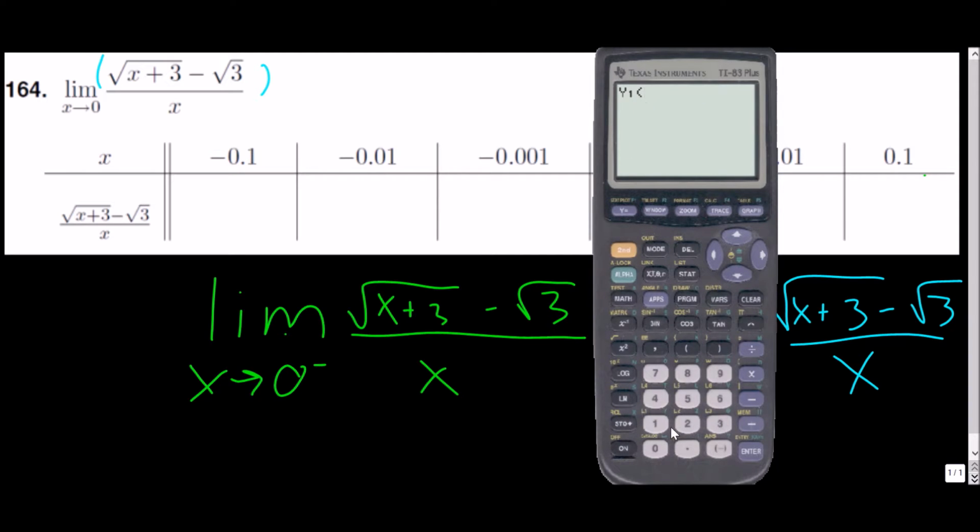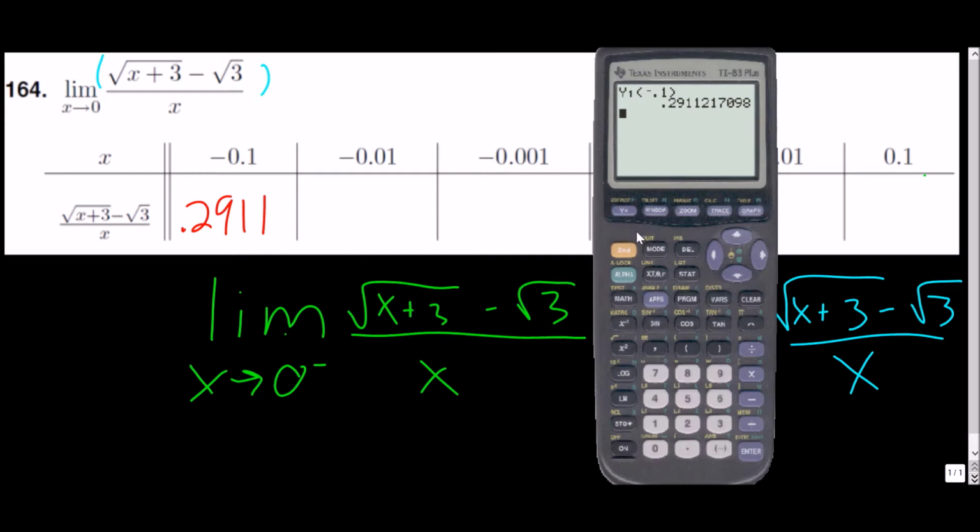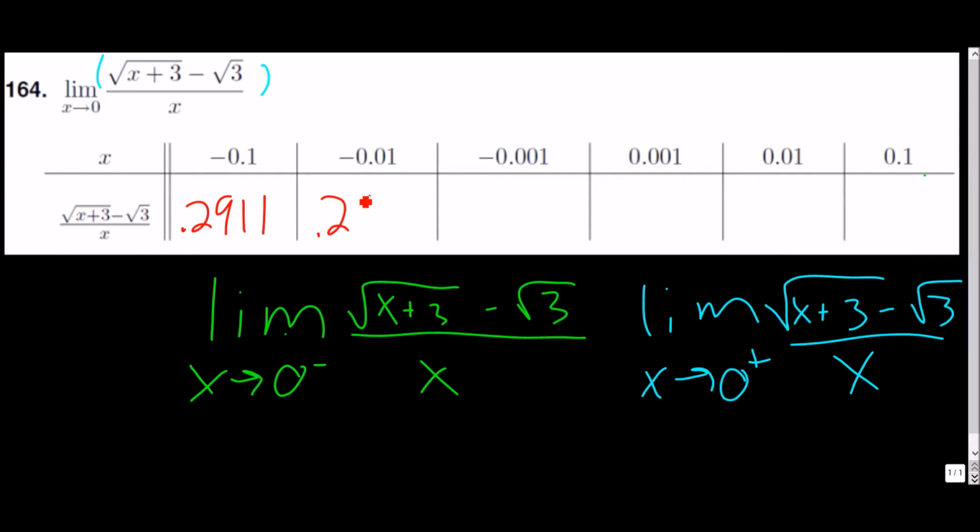So if I want to plug in negative 0.1, type it in, and it gives me 0.2911. Now if I want to do that again, I can just hit second enter and see how it brings up whatever I just typed in last. And then I can type in negative 0.01, which gives 0.2889.